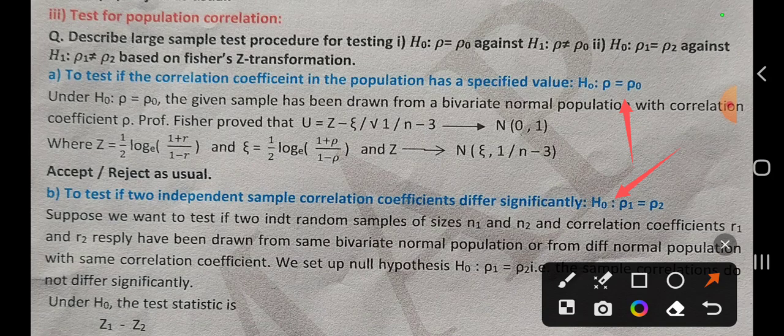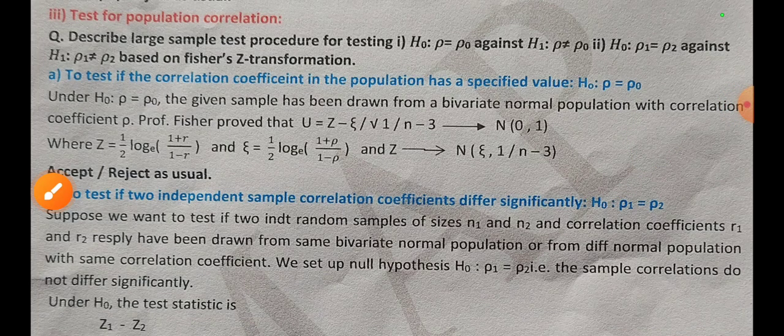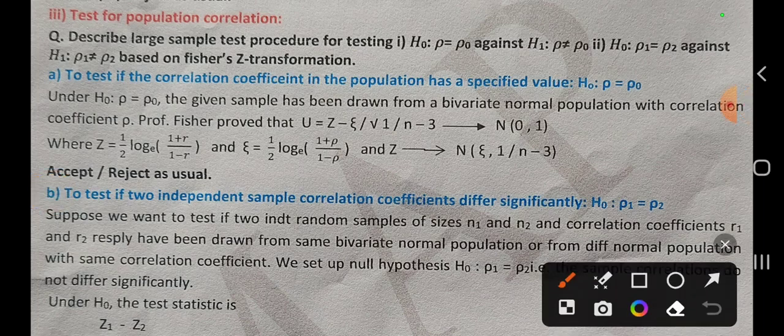So in this test, rho stands for the population correlation coefficient and r stands for the sample correlation coefficient. Dear student, you know that in all these testing procedures, we are using 4 steps. The first step is related to the setup of the null hypothesis.